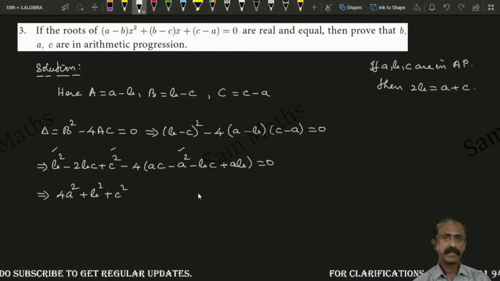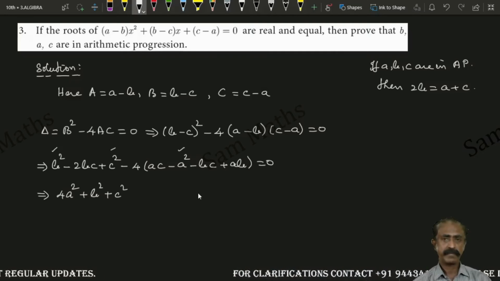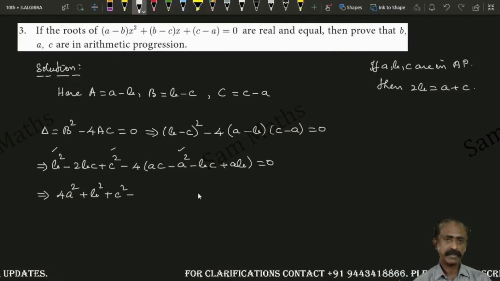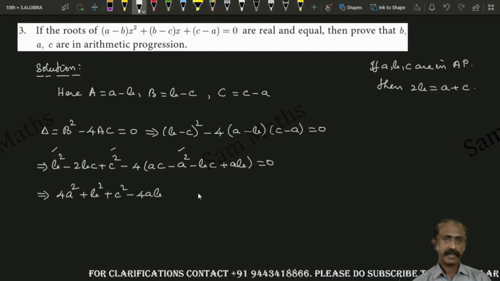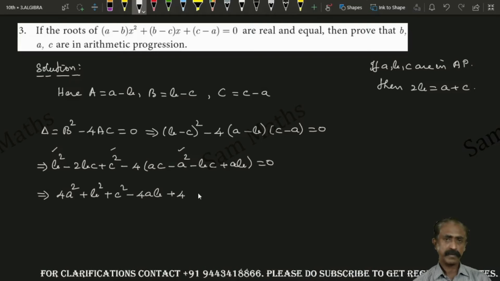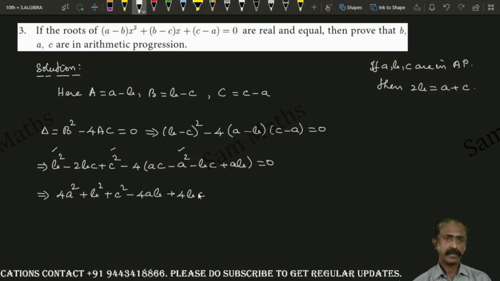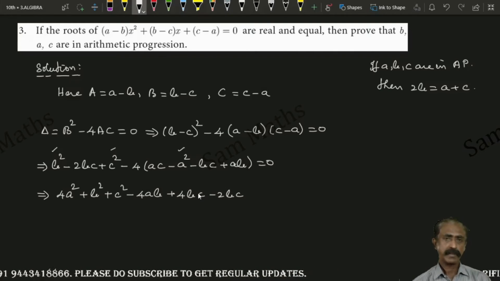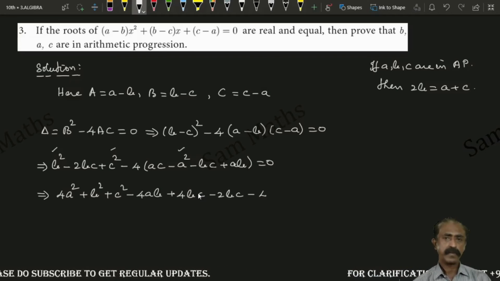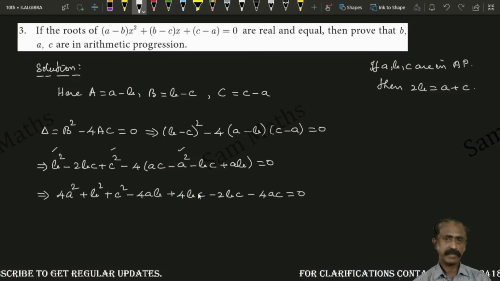Clear, children? After that you take the other terms. Here last term we have ab, that is minus 4ab, then plus 4bc, and the second term, that is also minus 2bc, then the bracket first term, that is minus 4ac equal to 0.